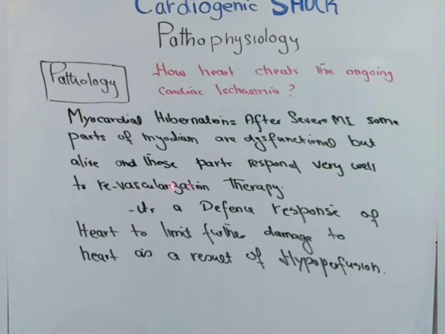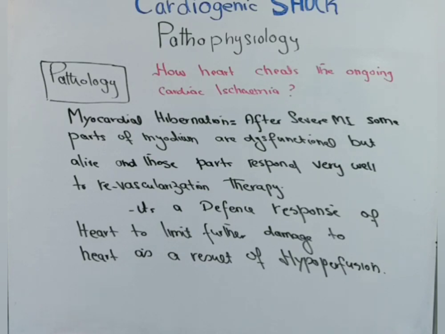Once the patient has undergone revascularization therapy, like thrombolytic therapy or PCI, that part of the myocardium which was hibernating will become alive and function properly. So it's a very good defense response of the heart to limit further damage as a result of hypoperfusion, which happens in cases of severe myocardial infarction.